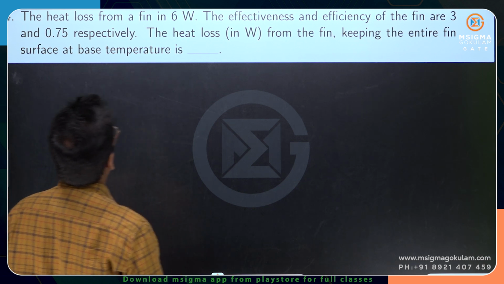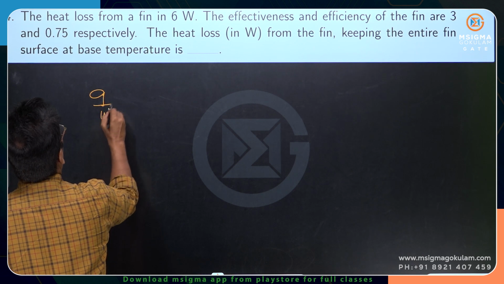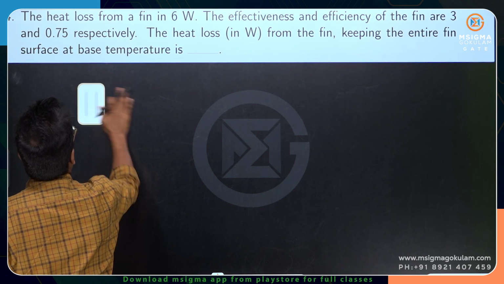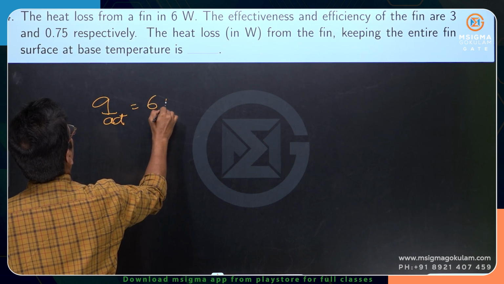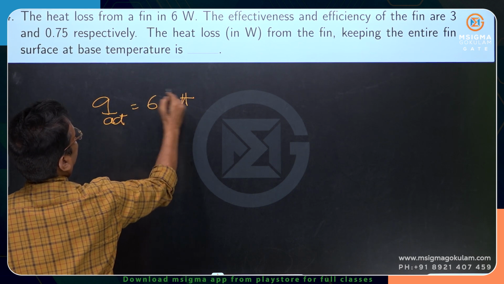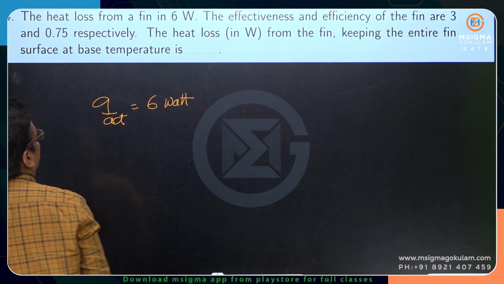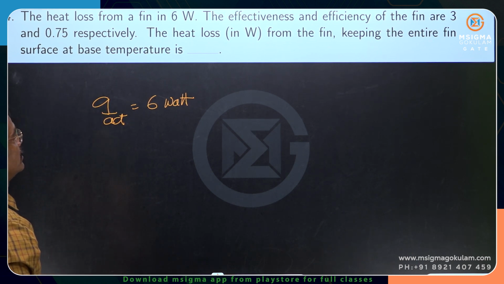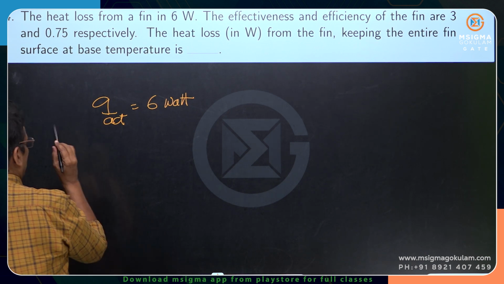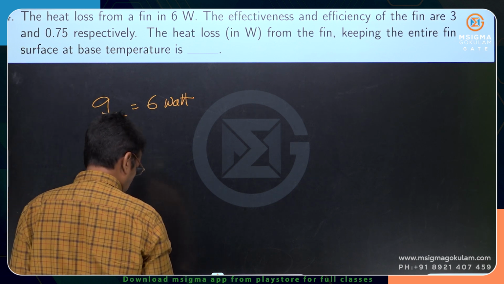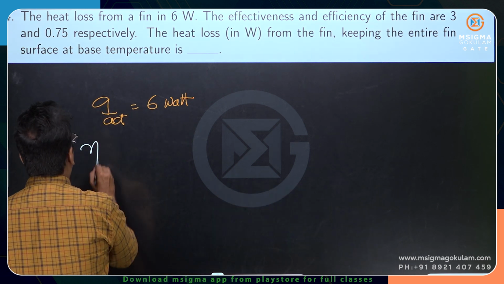The heat loss from a fin is 6 watts. The actual heat transfer is 6 watts. The effectiveness of the fin is 3 and the efficiency is 0.75. Find the heat loss from the fin keeping the entire fin surface at the base temperature. This problem should be solved using the efficiency formula of the fin.